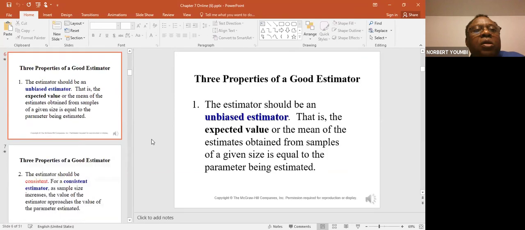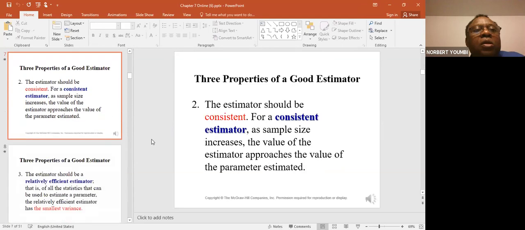A good estimator is unbiased, meaning that the expectation of its sampling distribution is the parameter. It is consistent, meaning that the larger the sample size, the closer the point estimate is to the parameter.